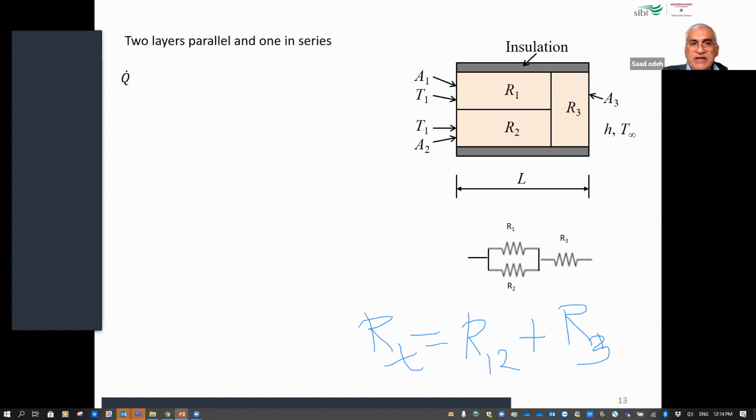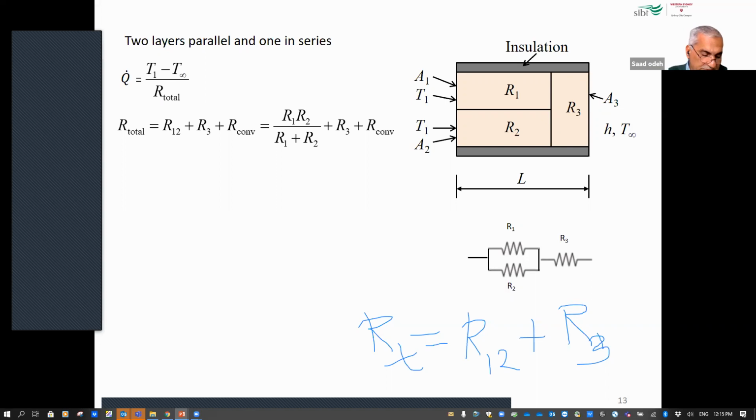Okay, so we'll do this now again. We'll have the same principle. If I want to find heat transfer through this wall, then first I need to find the total thermal resistance, following this equation. As you can see here, the first one, R1 to 2, is the parallel section. So this is the parallel section resistance.